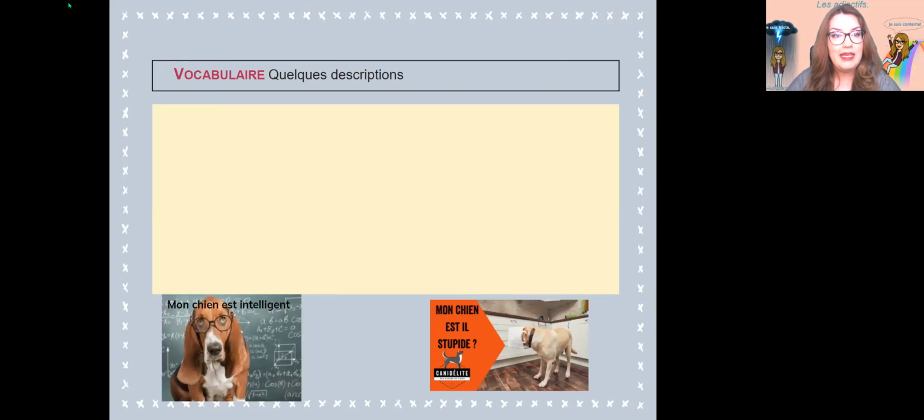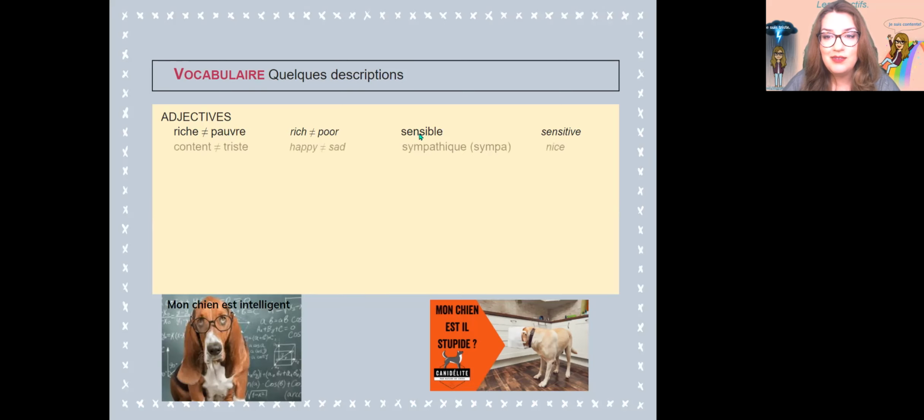Let's continue with quelques descriptions. Vocabulaire, quelques descriptions. Adjectives. So here you are filling out the lesson notes and we're learning and memorizing these new adjectives. Riche versus pauvre. The opposite of rich is poor, pauvre. Sensible, sensitive. Content, triste.